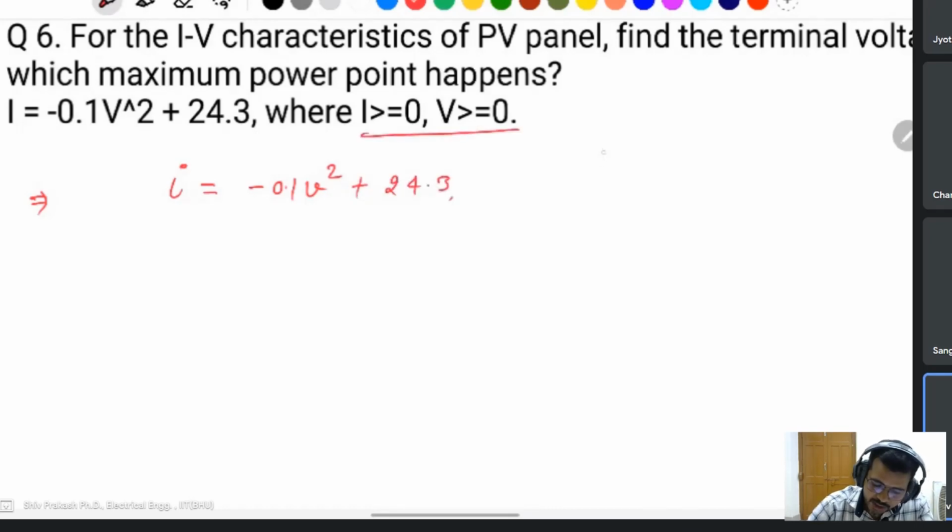It is also mentioned that V is greater than or equal to 0 and I is greater than or equal to 0. The terminal voltage is not negative, and the current is also not negative.